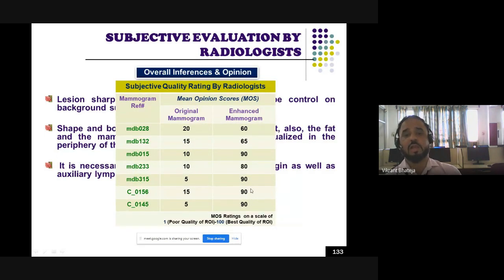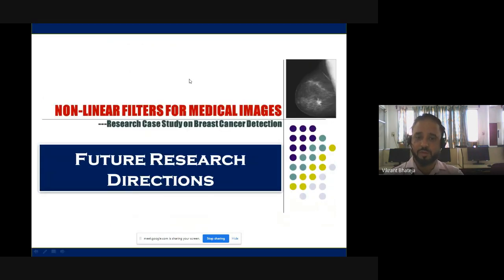So you can see that the subsequent change in quality has been noticed by the doctors, the end radiologists, in the way they have given this rating. So anyhow, if you are getting say 70% or 75% increment in mean opinion scores, then certainly that means a very satisfactory work, or you can say an above satisfactory work, has been done by this particular mammographic enhancement filter.